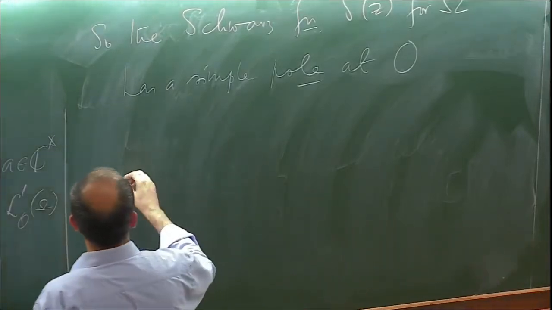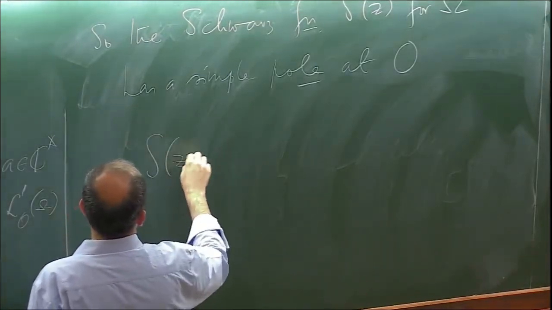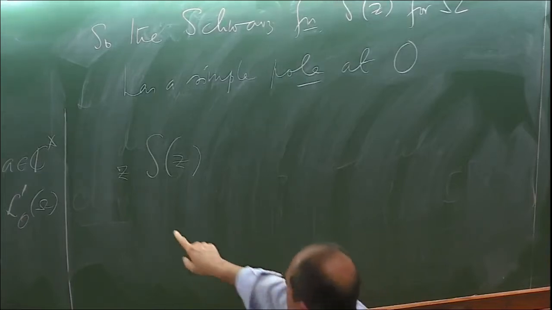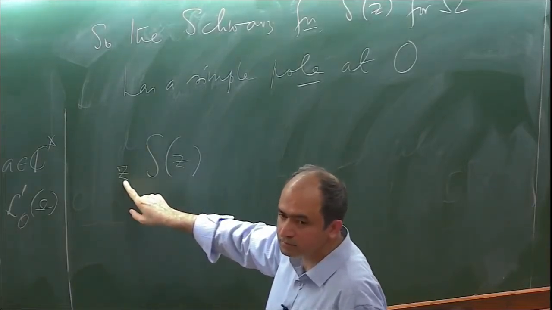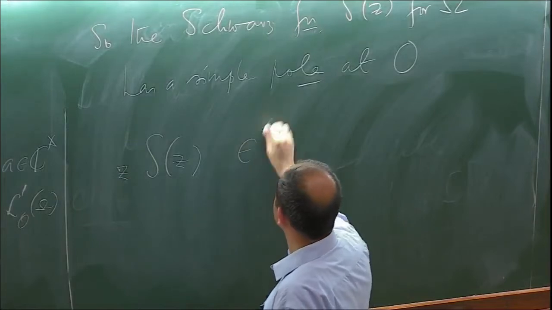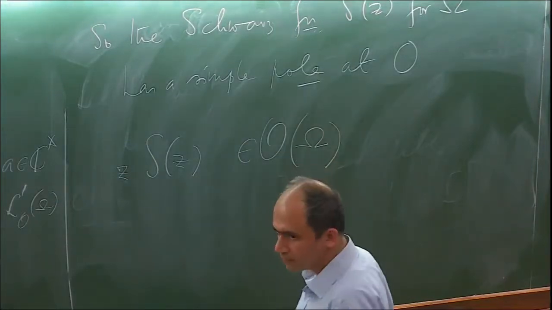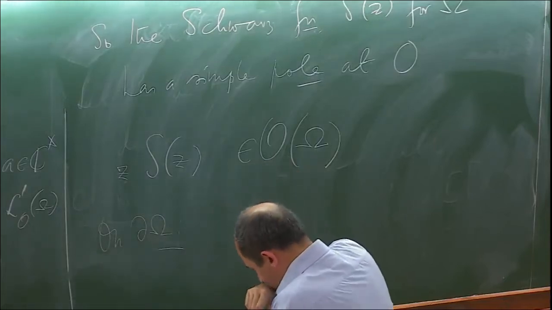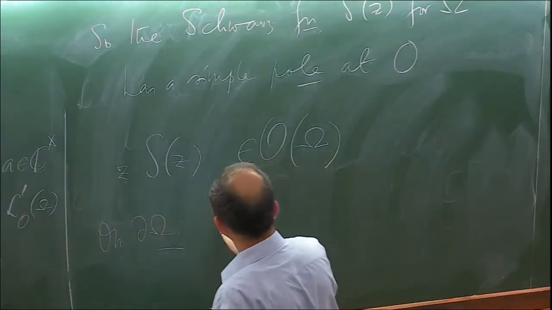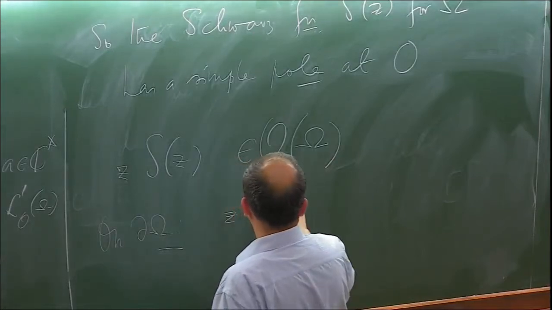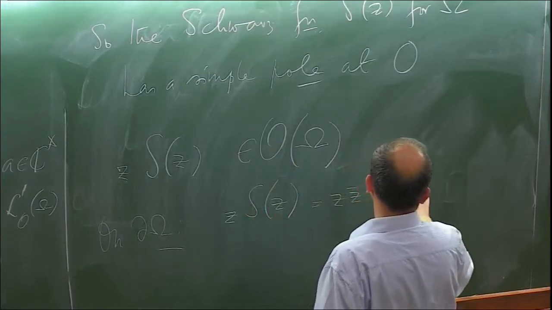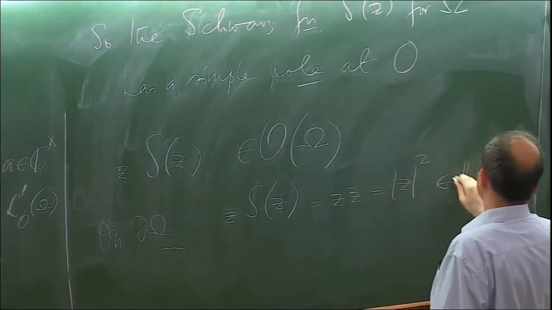So let's look at Z times S of Z. Z times S of Z is now a holomorphic function. You've eliminated the pole now. This is a holomorphic function on your domain. And on the boundary, S times Z is equal to Z bar times Z, which is mod Z squared, which is real.